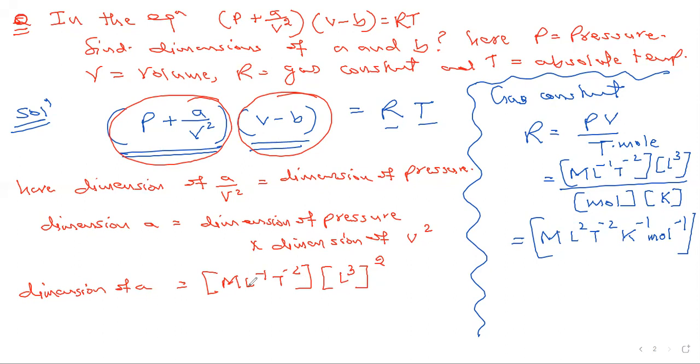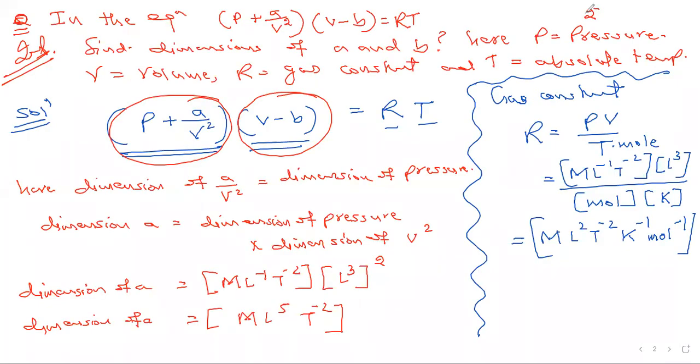If you simplify it, because the bases are the same, the powers get added. So for the dimension of A, you may say ML5 T minus 2. Am I clear? This is an important question. In the same way, the dimension of this is.